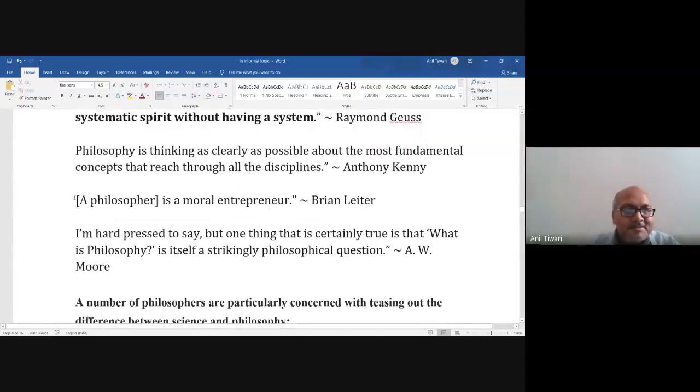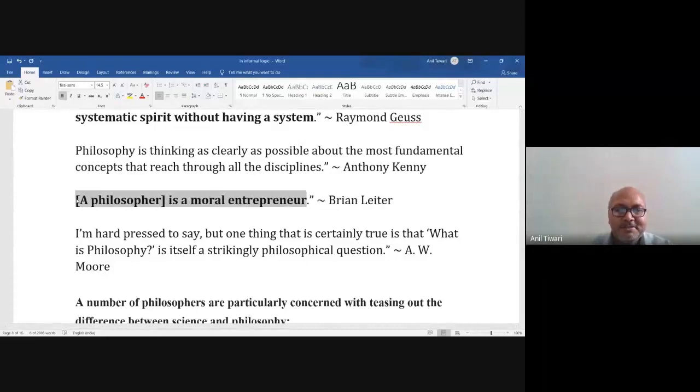Now, this is something which I think you will certainly appreciate, but what it means, I don't know exactly. Brian Leiter saying, a philosopher is a moral entrepreneur. So I hope those who are in management or in economics or in some other business practices would have something to say.